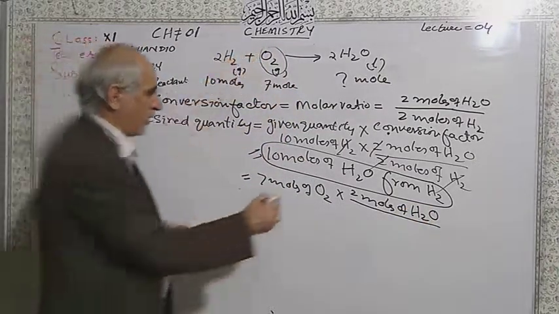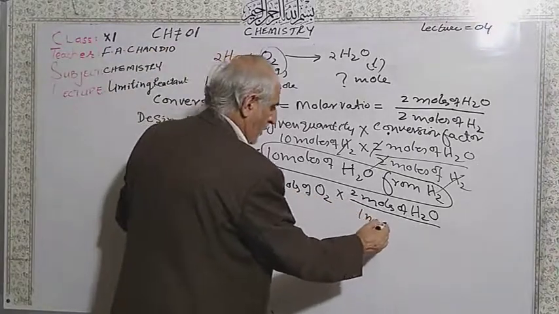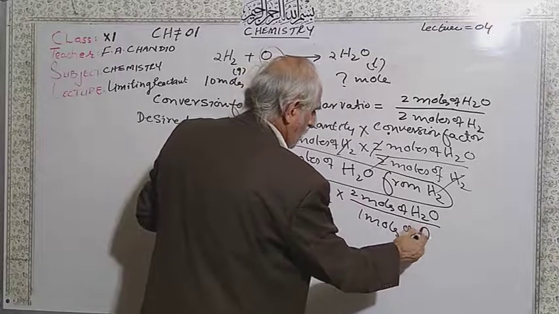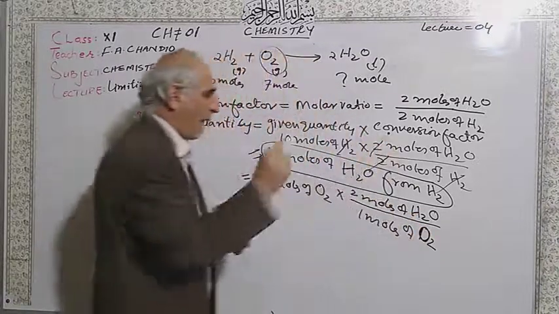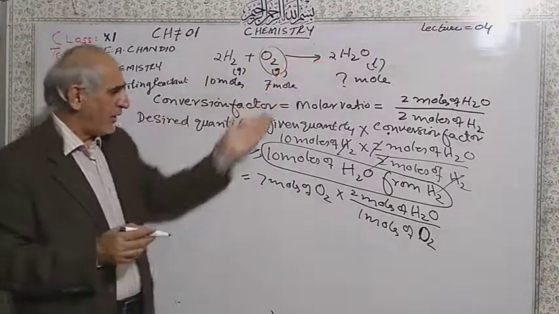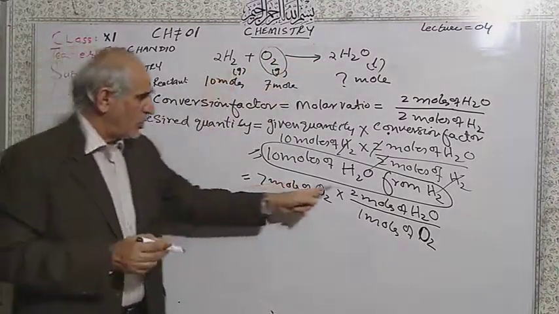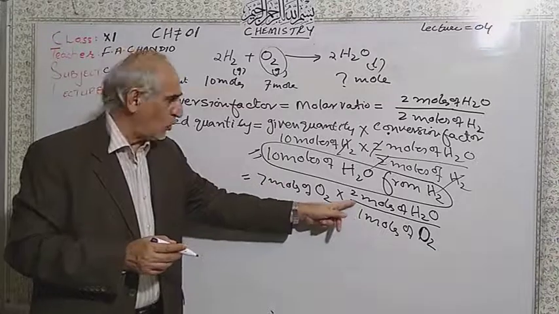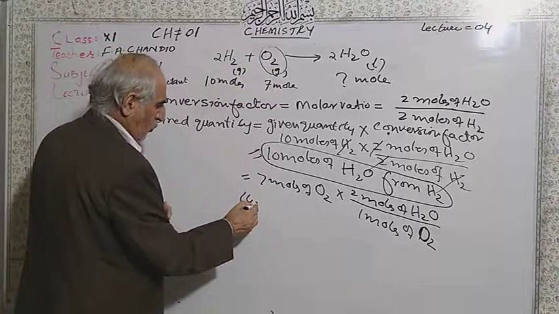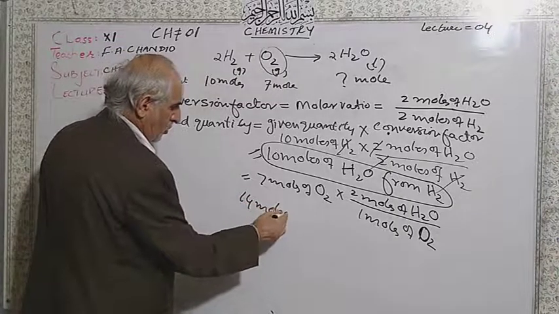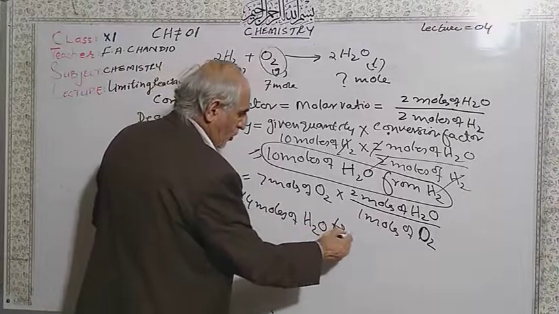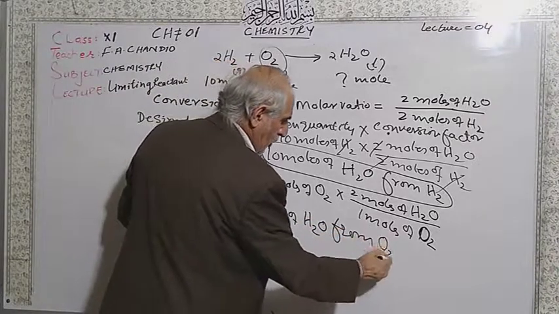There is no multiplication. So desired quantity means moles of water from the oxygen. 2 divided by 1 you will get 2, multiplied by 7, 14. So these are the 14 moles of water from oxygen.